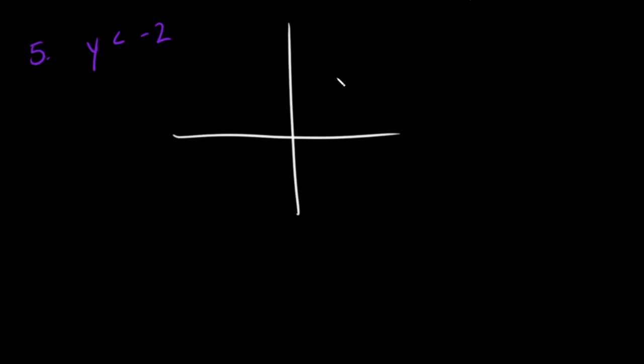It says y is less than negative 2. Now, you would need to know how to graph y equals negative 2. This is a horizontal line through the y value negative 2.